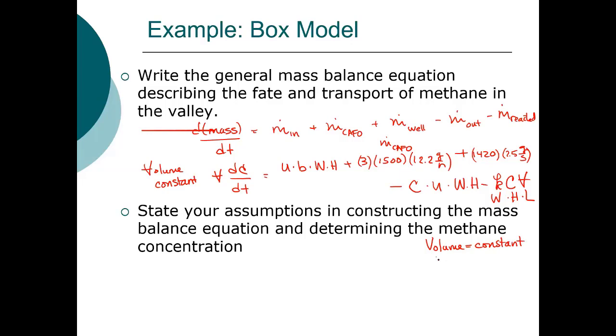We'll also assume that the wind speed at 1/2 the mixing height is also a constant. We'll assume that our emission rates, so the mass rate from the CAFO and from the well are also constant.